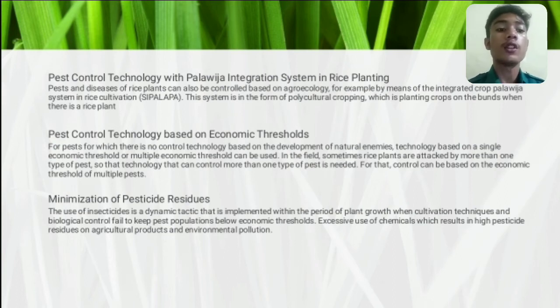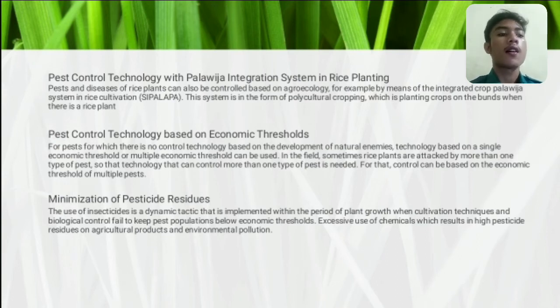Pest control technology based on economic thresholds. For pests for which there is no control technology based on the development of natural enemies, technology based on a single economic threshold or multiple economic threshold can be used.